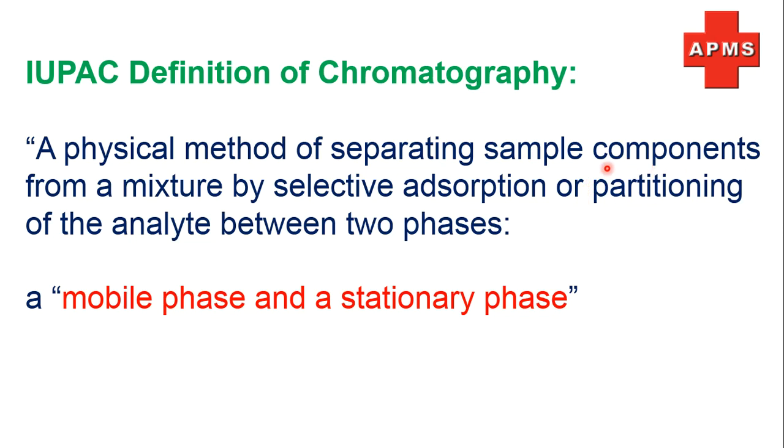If we dissolve a component in those two liquids, one liquid will dissolve a higher amount of that component, and the second layer will contain a low amount of the same component. So this is the partitioning of a compound between two liquids. That is partitioning.